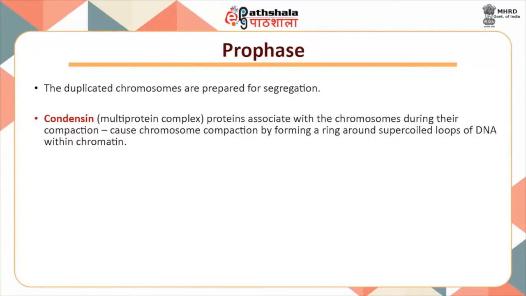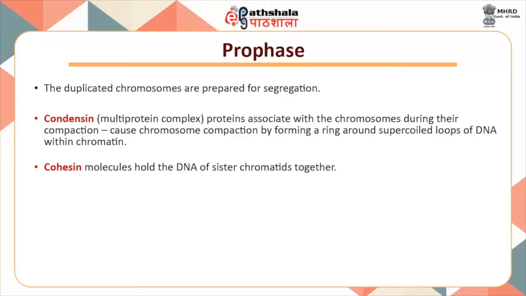Condensin is a multi-protein complex associated with the chromosomes, causing their compaction. It forms a ring around supercoiled loops of DNA within chromatin. Cohesin plays a role in holding the DNA of sister chromatids together.